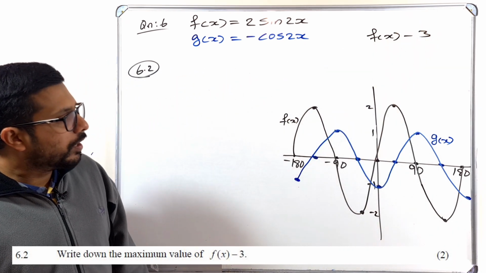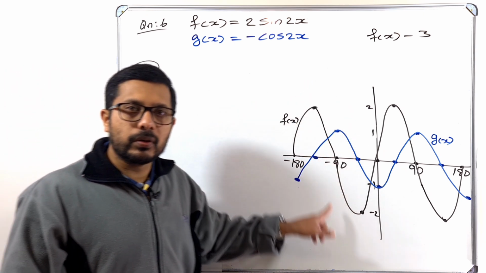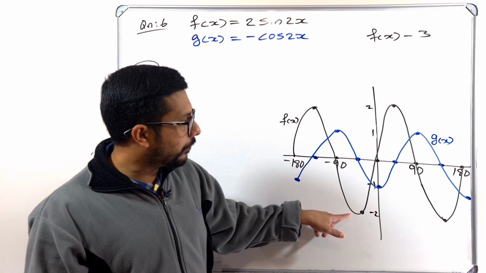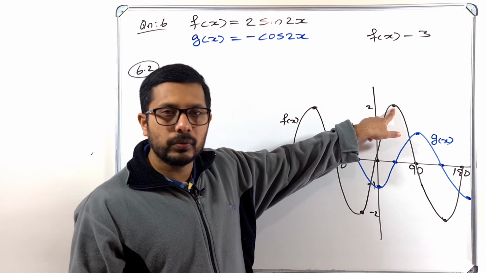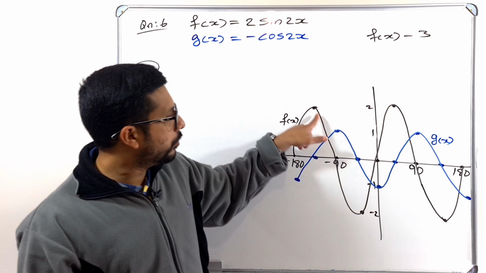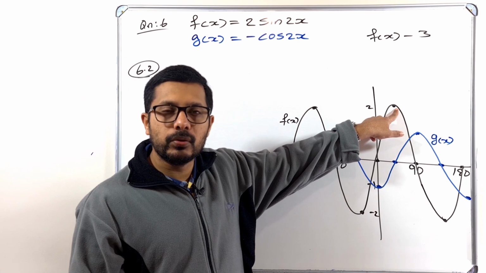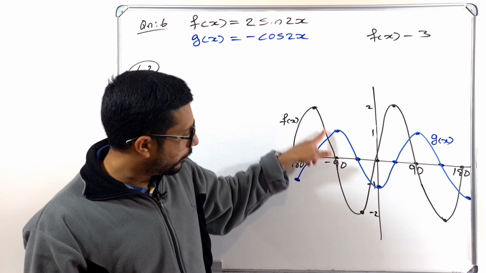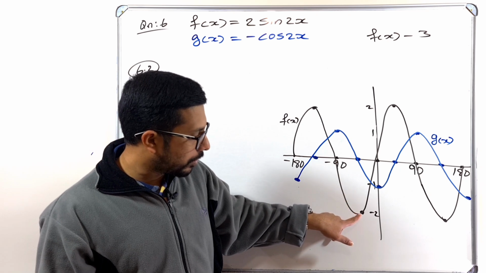Tell me, this black graph is our f of x graph, am I right? In this black f of x graph, what is the maximum value? It is 2, am I right? 2 is the maximum value of f of x. And what is the minimum value of f of x? Don't forget that the black one is our f of x.